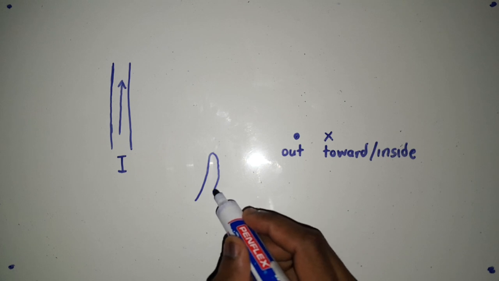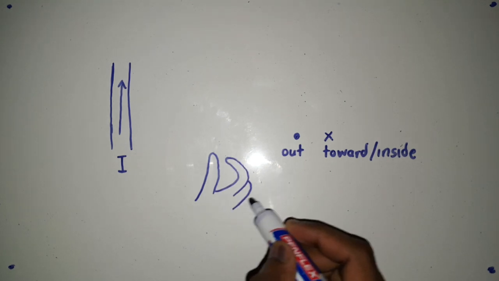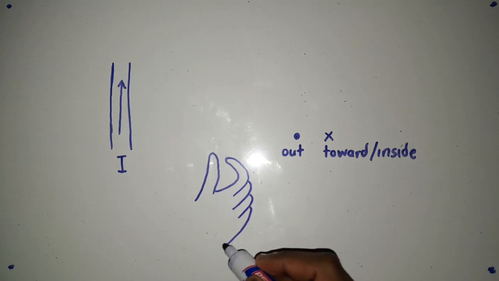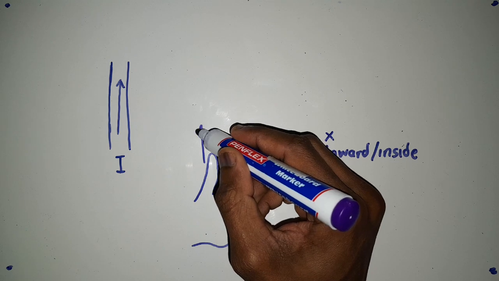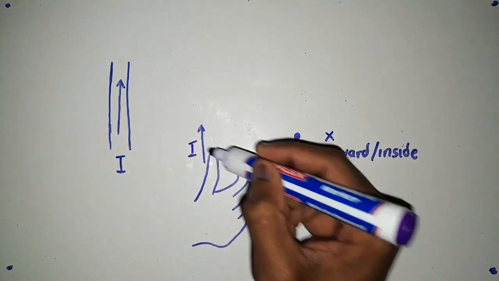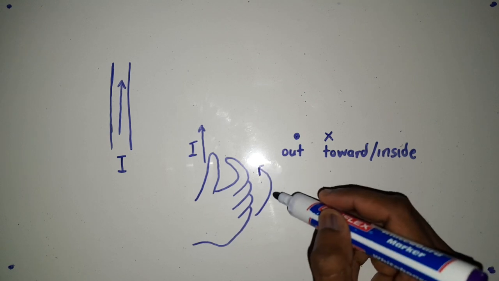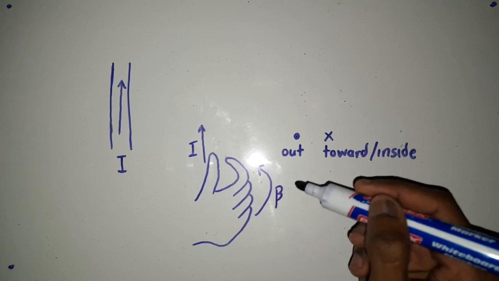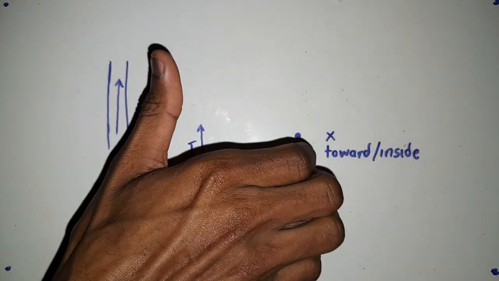Of current. Then the curled fingers, like this, are in the direction of what? Of the magnetic field, like this. Bear this in mind. I'm going to put my hand like this.